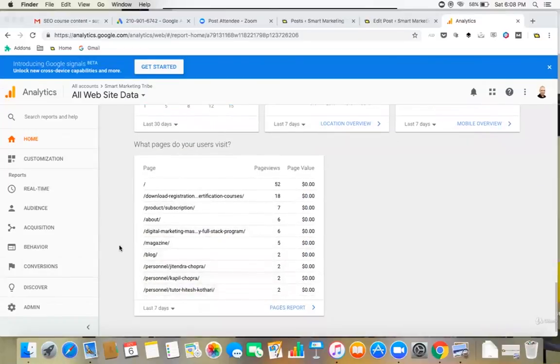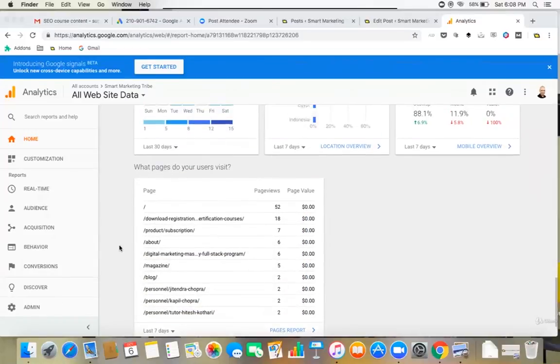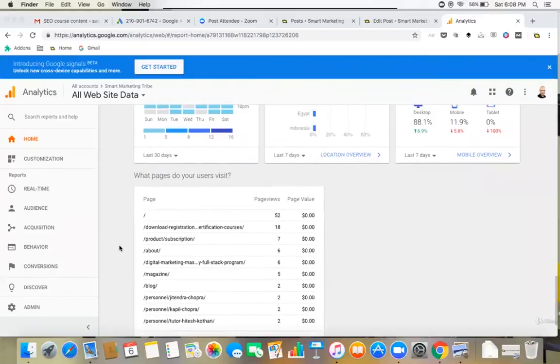And also, most importantly, your pages. In here, when you see the slash, that means it is being counted as the home page, and then the other pages of your website. That gives you a little idea of what other pages are actually more effective.